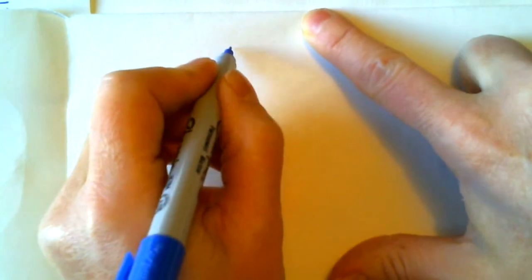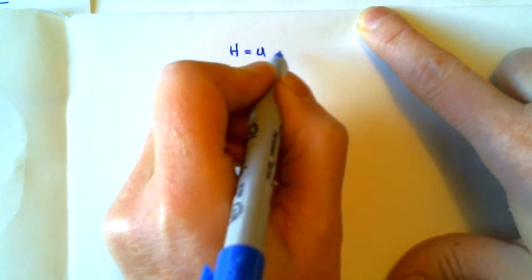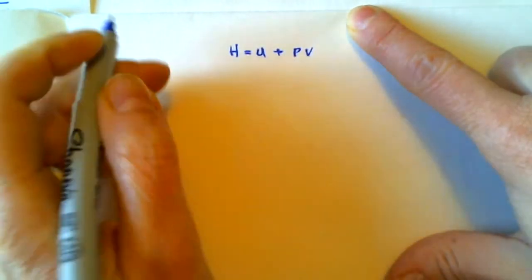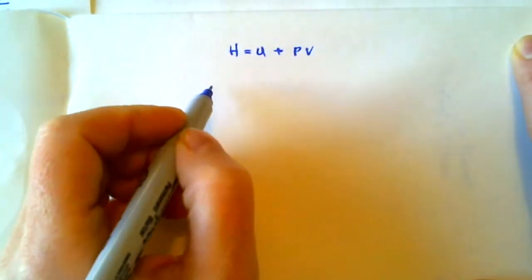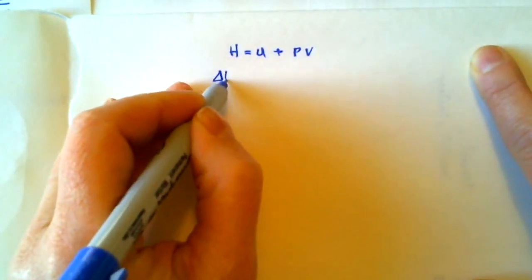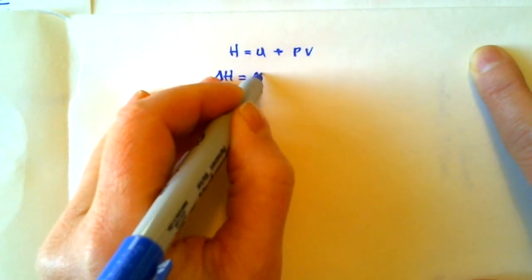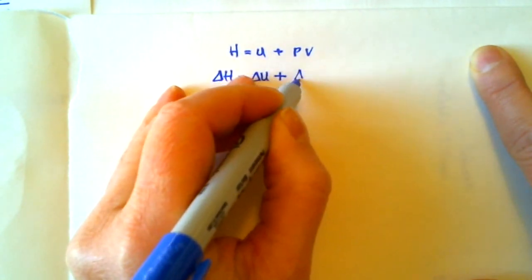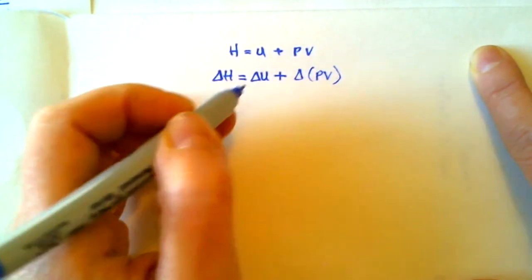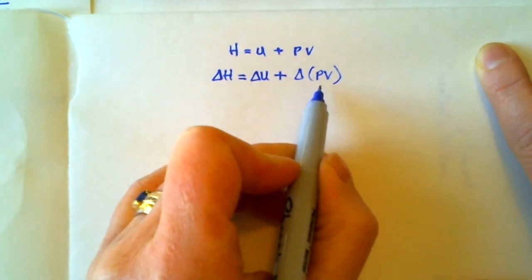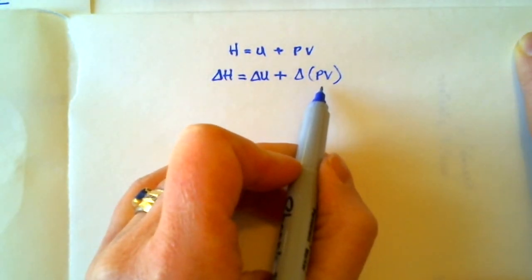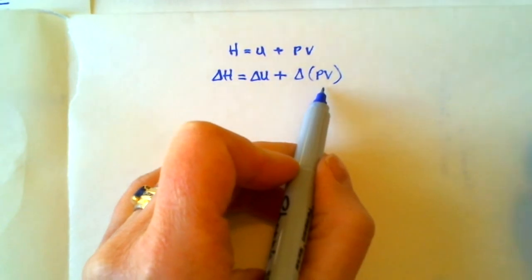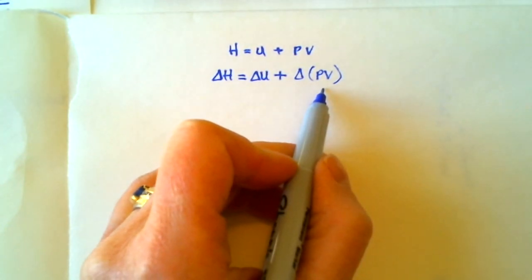Well, what's always true, regardless of the change, is that H is equal to U plus PV. And so my delta H is equal to delta U plus the delta of PV. Now, PV is a constant for an isothermal change when it's a perfect gas.